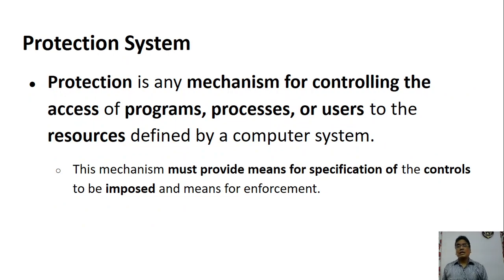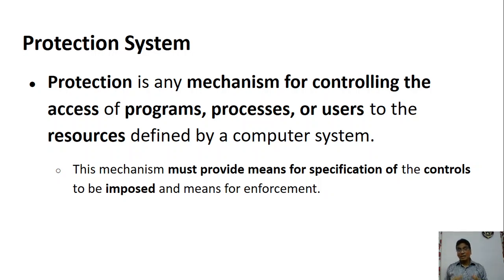Let's look at the next component that the operating system has, and that is the protection system. A very important thing: when you have more than one person accessing your system, some way of protection is required. What is the meaning of protection? Protection is a mechanism for controlling access.